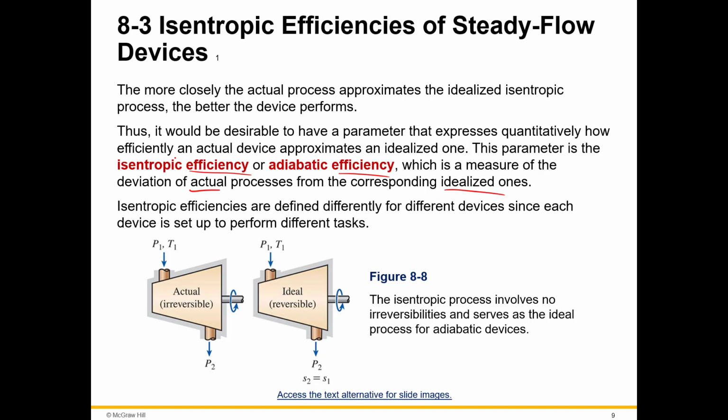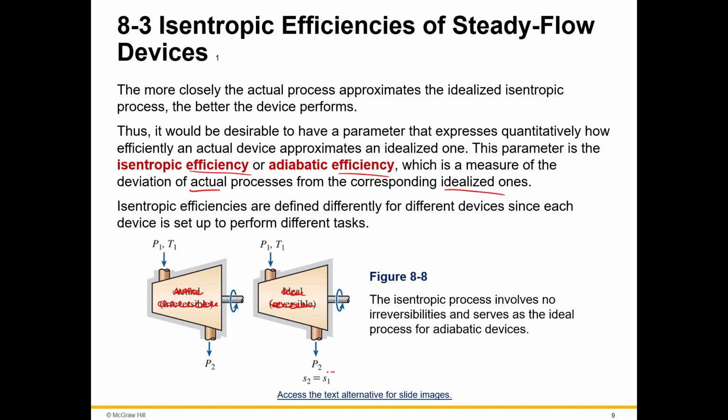The isentropic process involves no irreversibilities and serves as the ideal process for adiabatic devices. How do we know that this is irreversible? If this didn't say, if this wasn't here and this wasn't here, how would we know which one is which?